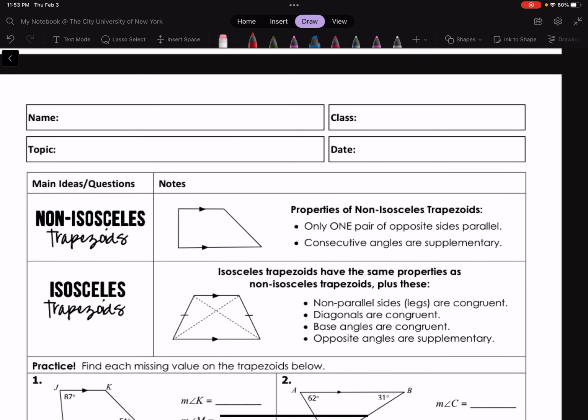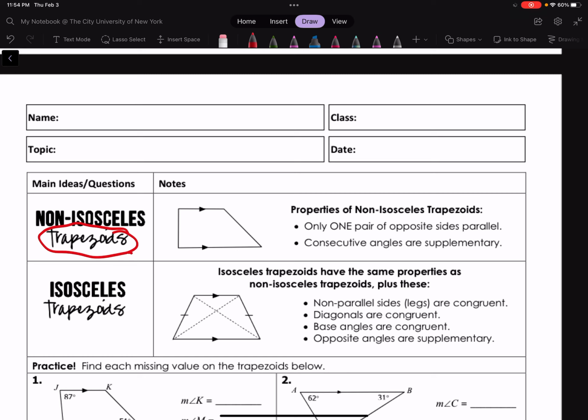Our learning objective today is how we can apply the properties of a trapezoid, which is a special kind of quadrilateral, to find the missing angles. Before that, let's see what a trapezoid is.